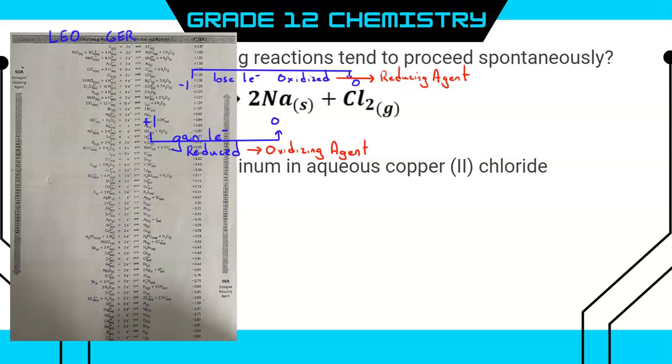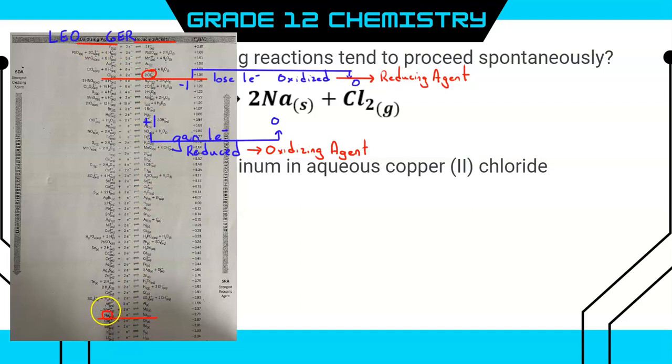Now we need to find each one. If you look right there, we have chlorine. So we find chlorine under the reducing agents. So it's right here, chlorine. Now we find sodium all the way down here, and we're looking under oxidizing agents for sodium, which is right here.